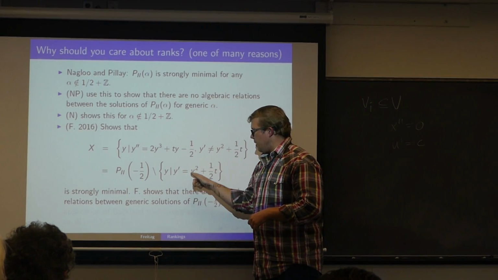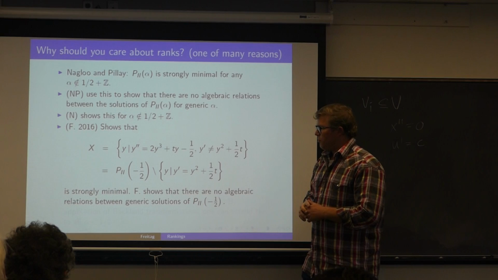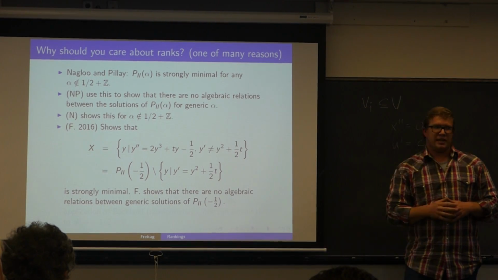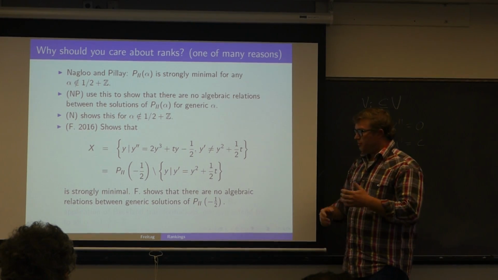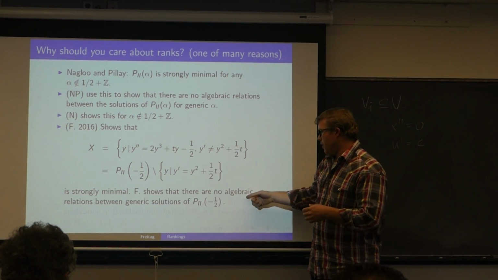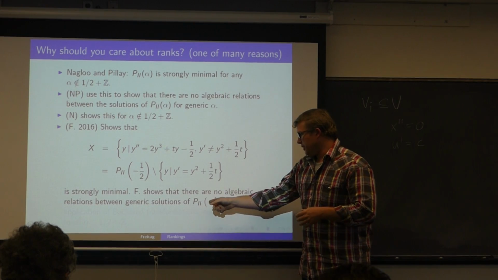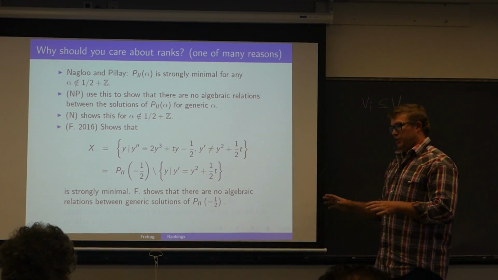If you take away the exceptional subvariety here, then the remaining constructible set is strongly minimal. And you can use that fact, in pretty short order, to show that there are no algebraic relations between solutions of this equation.